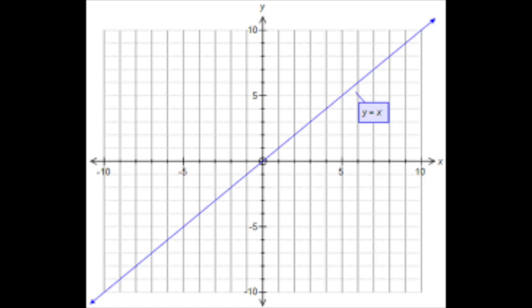Before we start graphing, let's remember what a basic linear graph looks like. Let's start with y equals x. As I talk, I'm going to put in some pictures of these graphs. Y equals x is going to be a straight diagonal line going upwards.